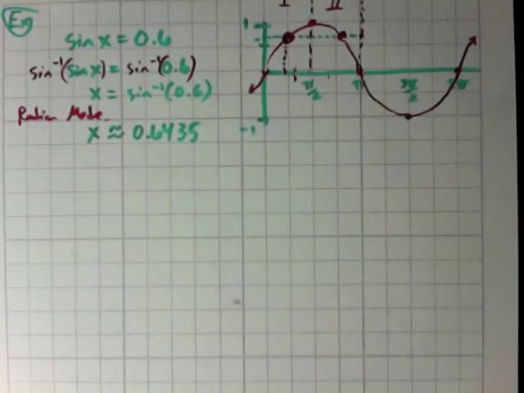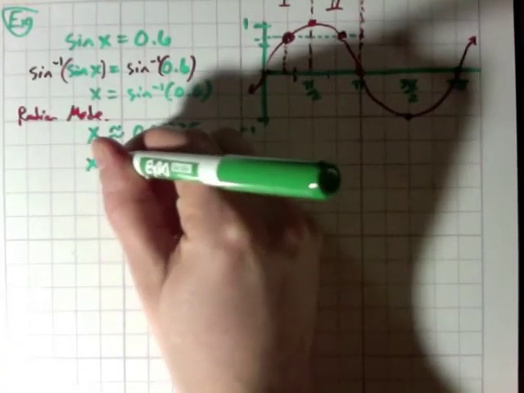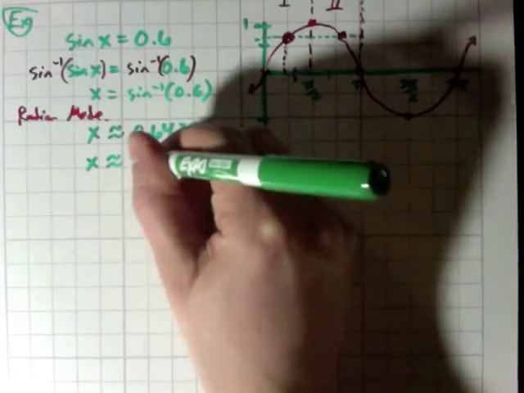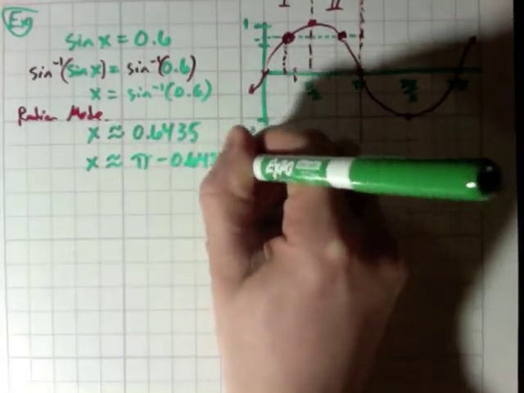So I can actually calculate the other value by doing x would be approximately pi minus 0.6435.